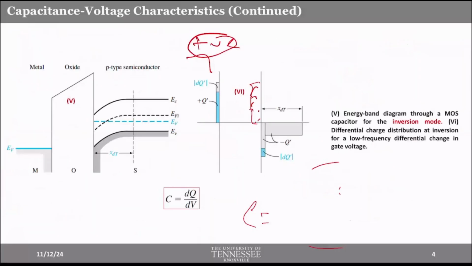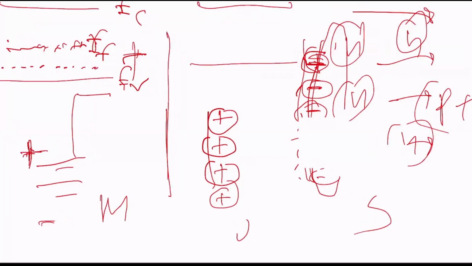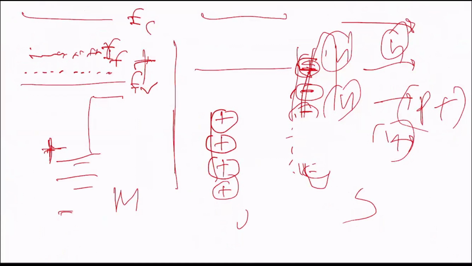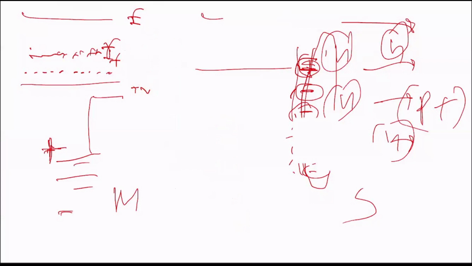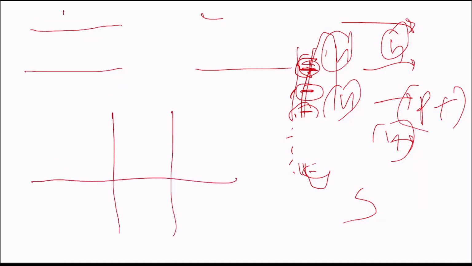So let me actually draw it. When we have a depletion region here, this is defined as positive, this is negative, right?